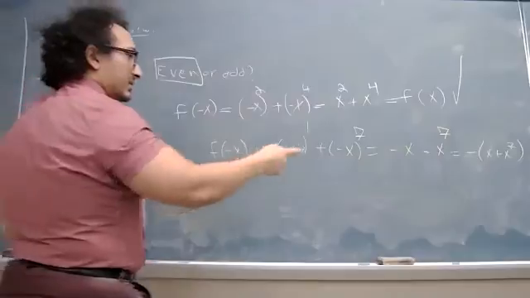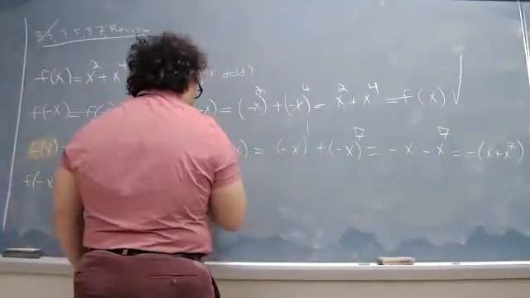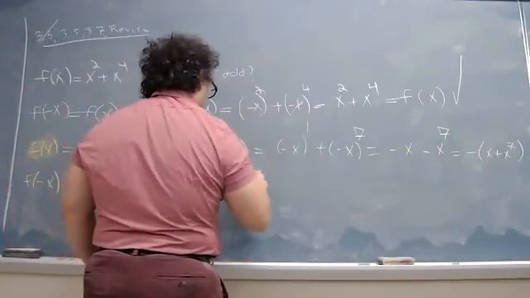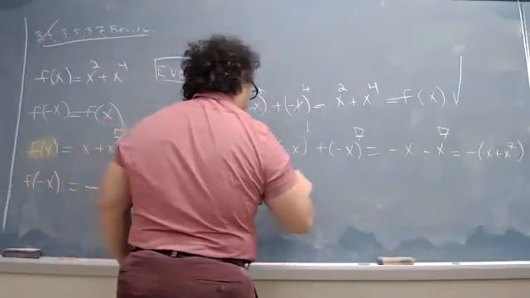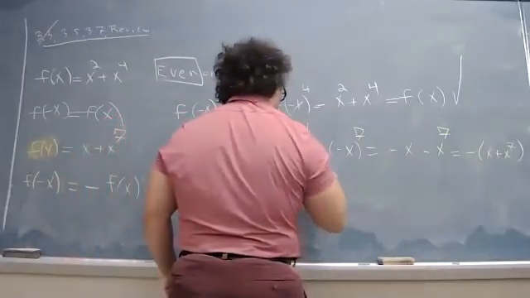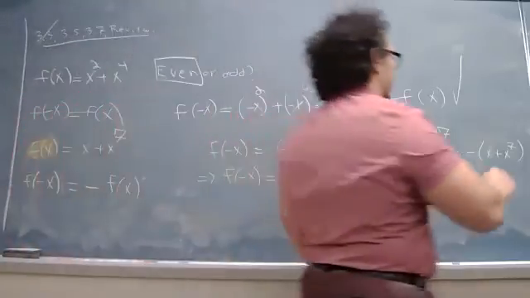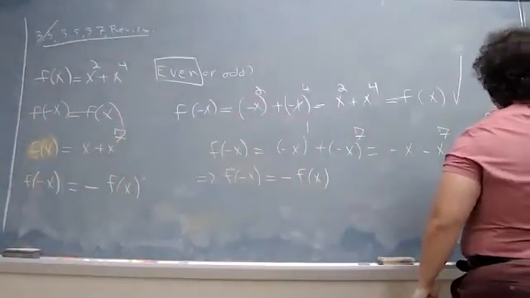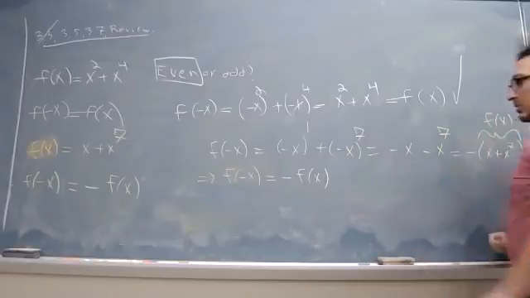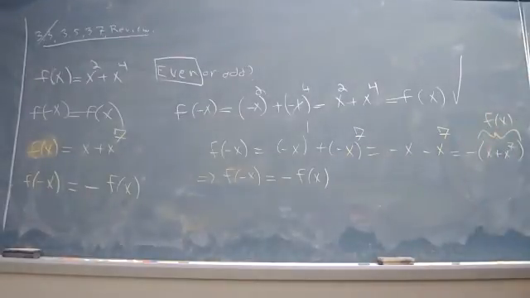But notice that that exactly equals our f of x, because this is our f of x. So thus, what's in the yellow is indeed an odd function.